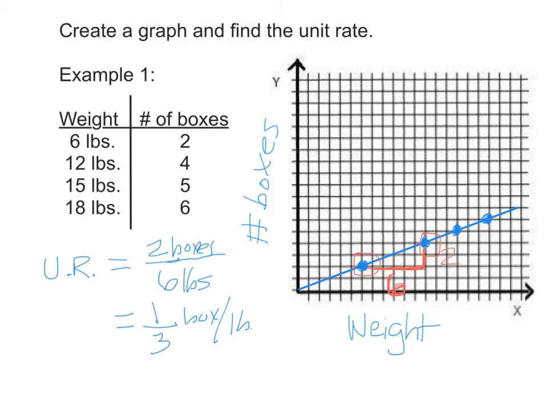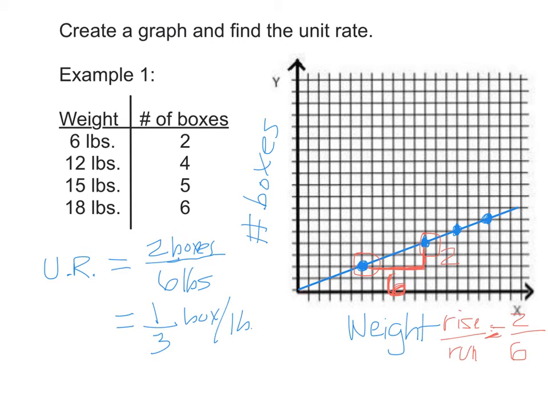Now, if we go back to our definition of slope, slope is defined as rise over run, which is the same as the vertical over the horizontal. The vertical side of our triangle is 2. The horizontal side of our triangle is 6.